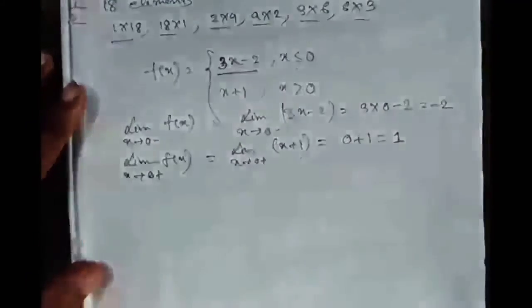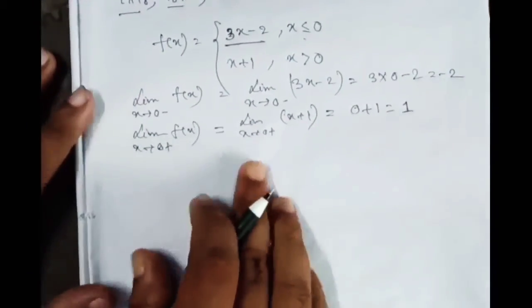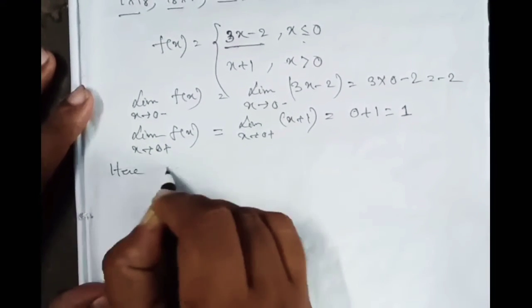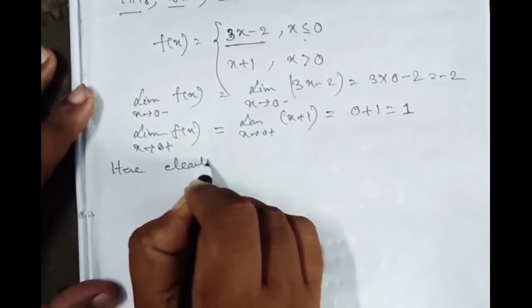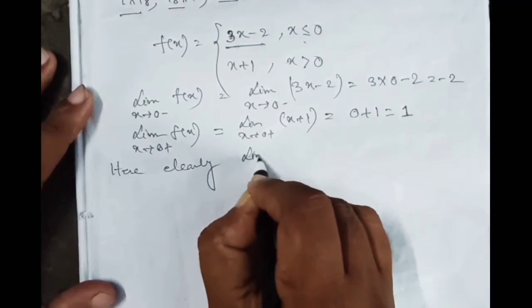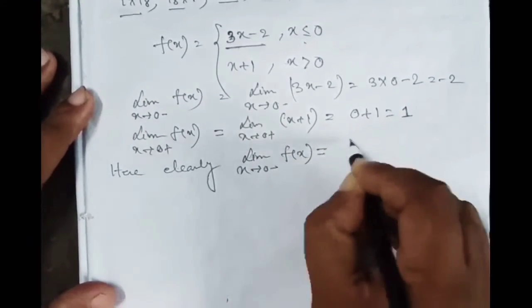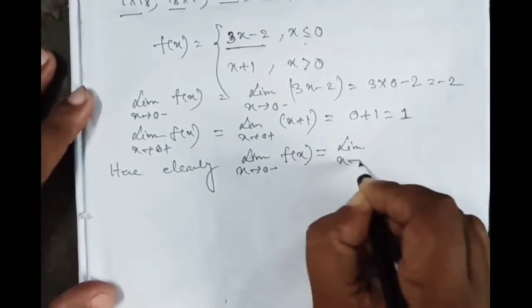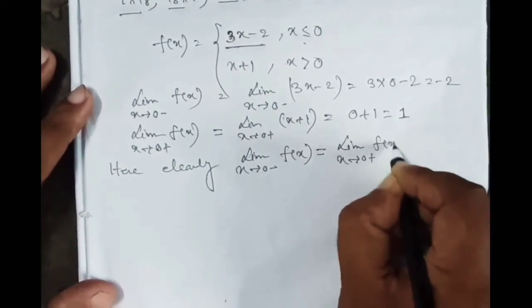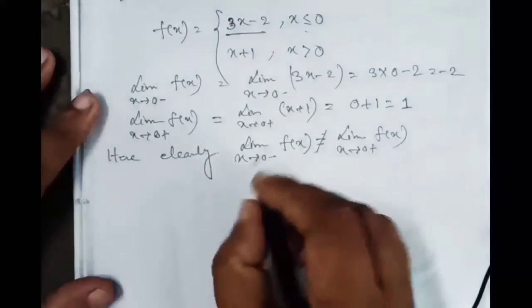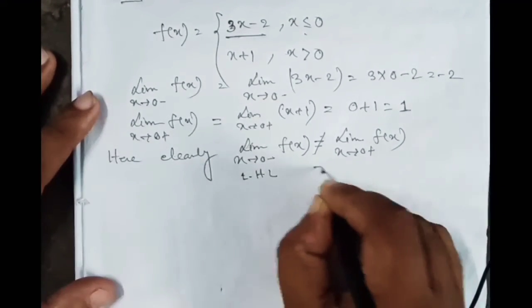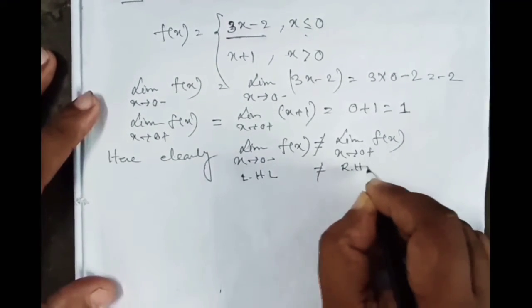Okay. So, here we can observe that clearly limit x tends to 0 minus f(x) is not equal to limit x tends to 0 plus f(x). So, left hand limit is not equal to right hand limit.